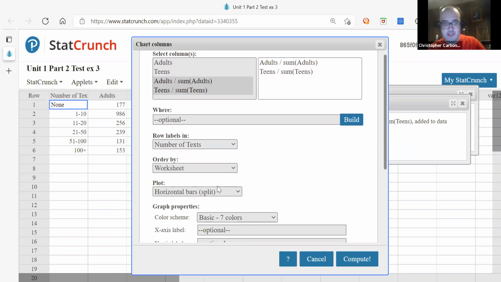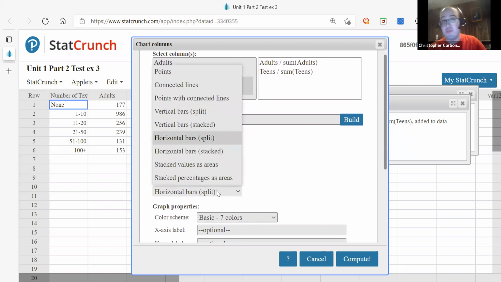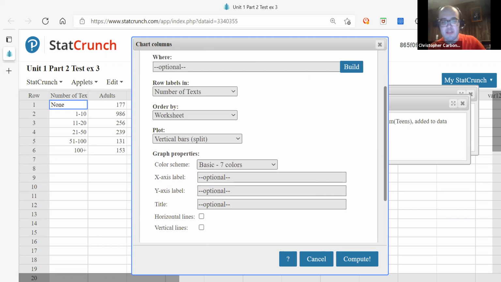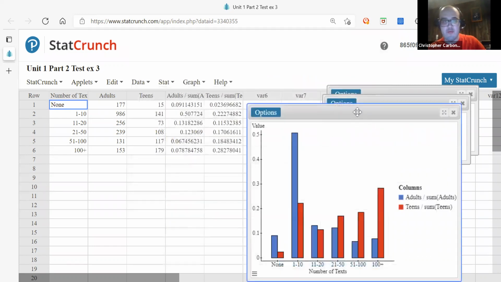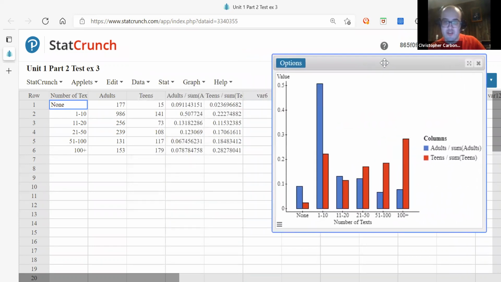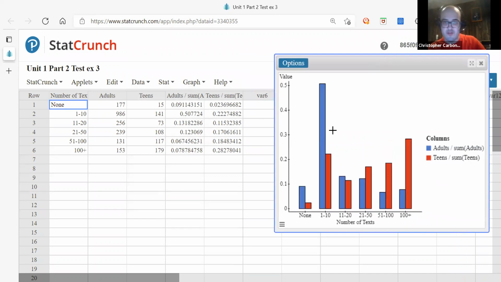And we want these to match what's going to be on the test. This needs to be vertical bars, split. Then hit Compute, and we would be given this graph to display the relative frequency of adults in blue versus teens in red.